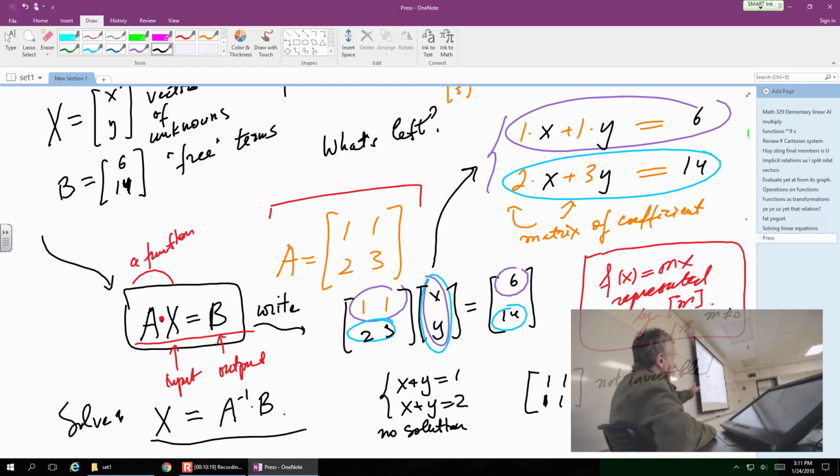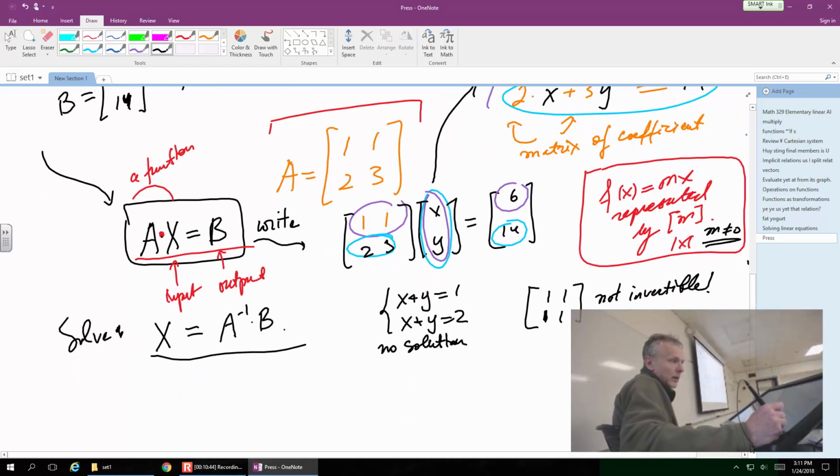So remember, the only bad situation like this in dimension 1 is m equal to 0. This one has no zeros whatsoever. It says 1, 1, 1, 1, and yet the matrix is not invertible. So that function represented by this matrix, in fact, has no inverse. Okay, so then there's a way to determine ahead of time whether the function is invertible or not.